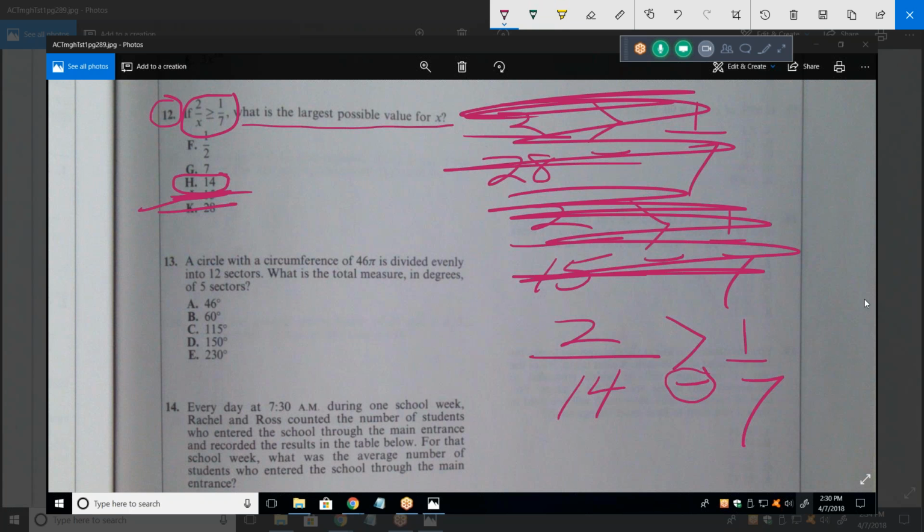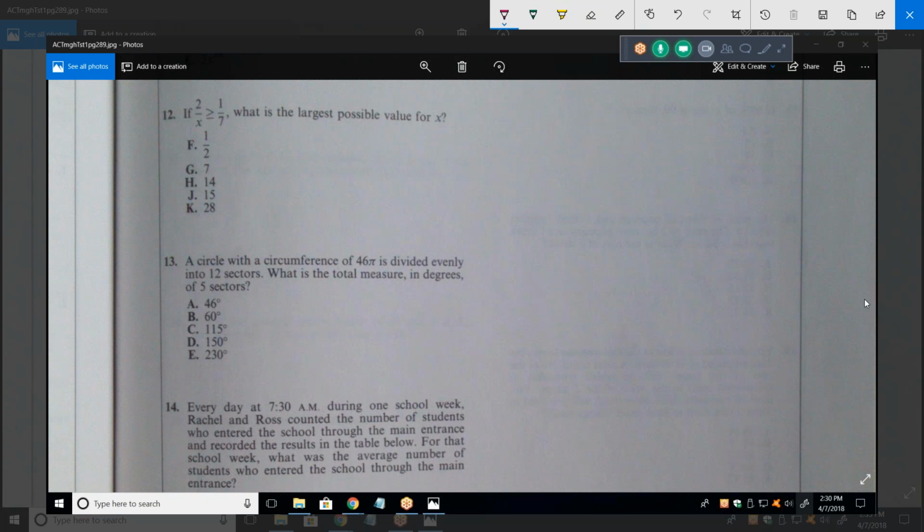Remember when you took the ACT seminar and they told you to start with the middle? That's back solving. Only you shouldn't always start from the middle. What you should start with depends on what the question says. What's the largest possible value for x? Well, I don't want to start with the middle. That won't tell me anything. That might work, but it won't tell me if J or K is possibly correct.